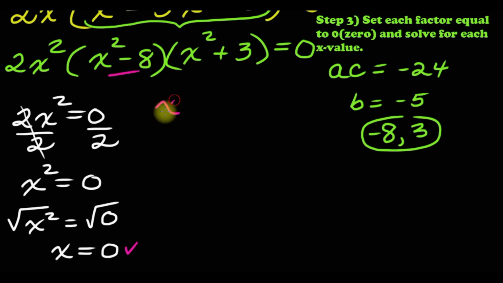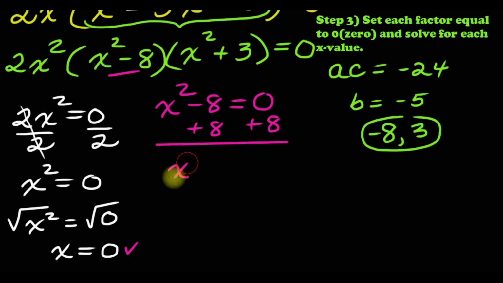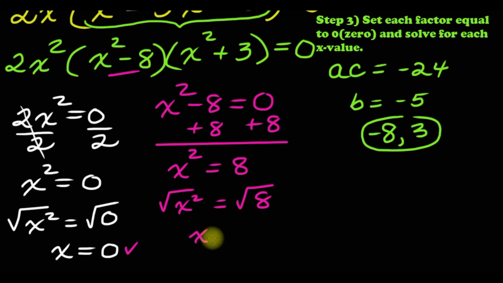You have x squared take away 8 is 0, and plus 8. So you have x squared is positive 8. Then take the square root of it. So x is going to be plus or minus.